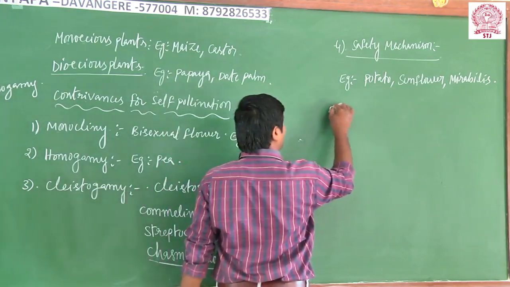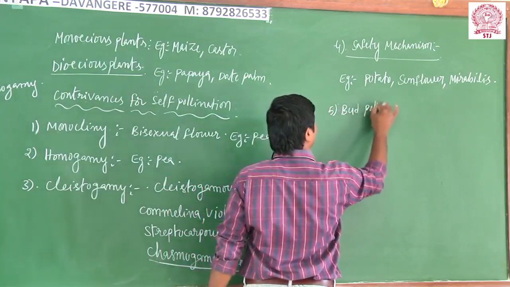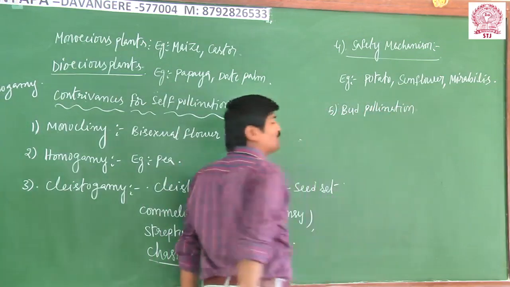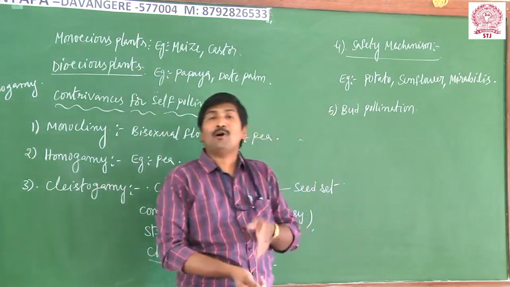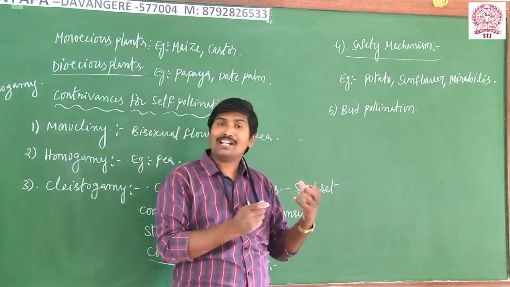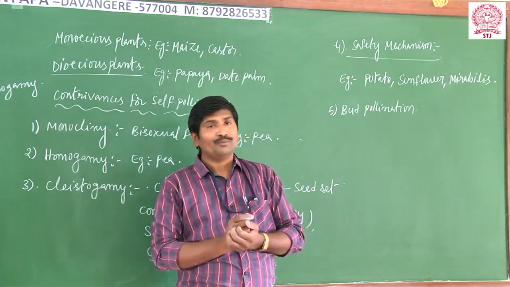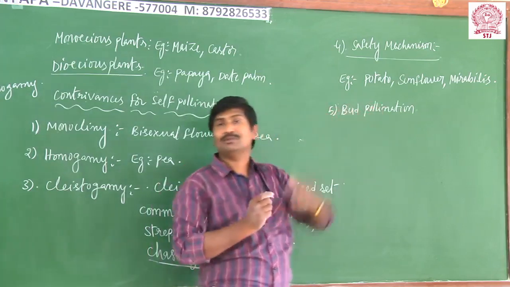Next, fifth one, bud pollination. Bud pollination means the pollination occurs in bud condition, or the pollination occurs in bud stage. Before the opening of the flower, the pollination takes place in the flowers.